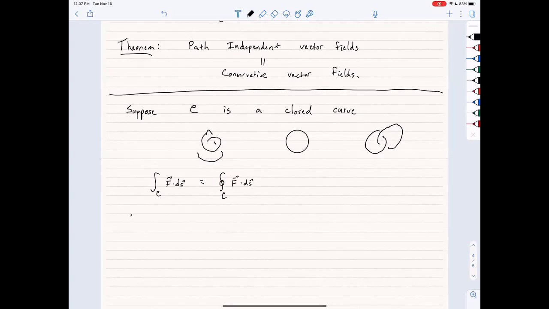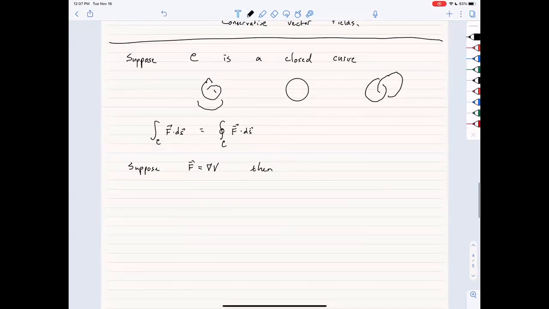So suppose C is a closed curve and F is conservative. Then what? Well, let's take a look. What can you guys tell me about this integral?